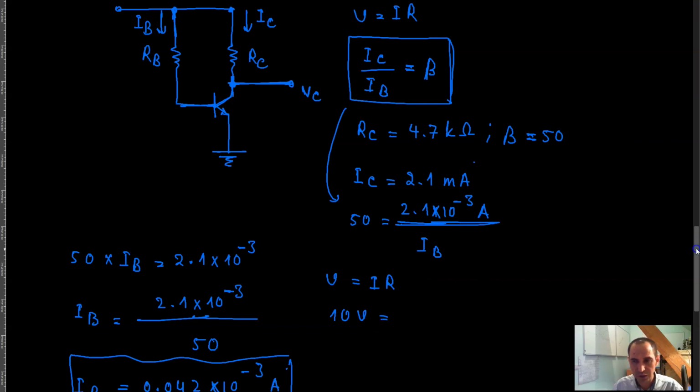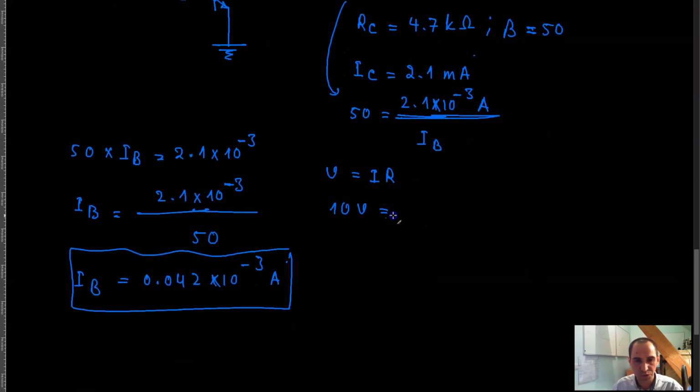The current that is supposed to be flowing through that resistor is 0.042 into 10 raised to the power negative 3 amps times R, and this is the value of the resistor that I need for my base.